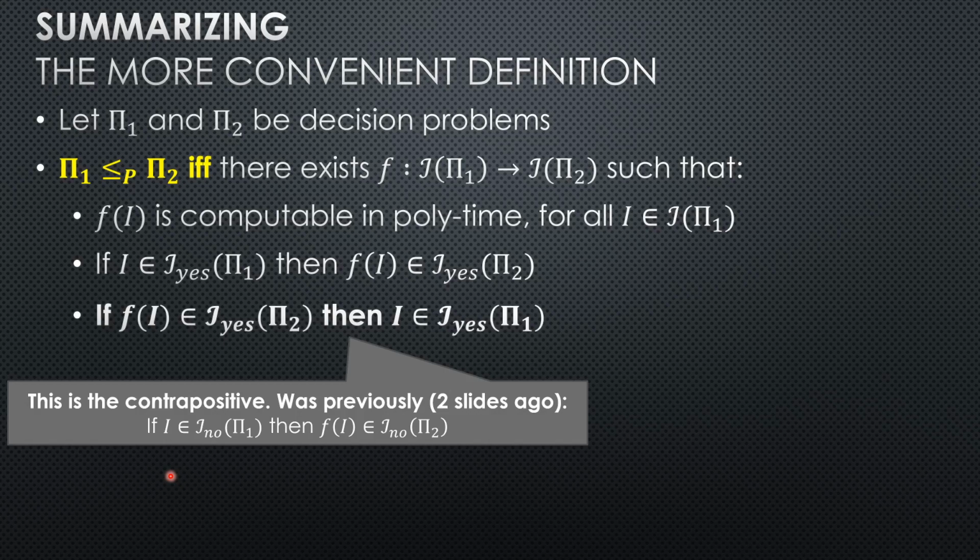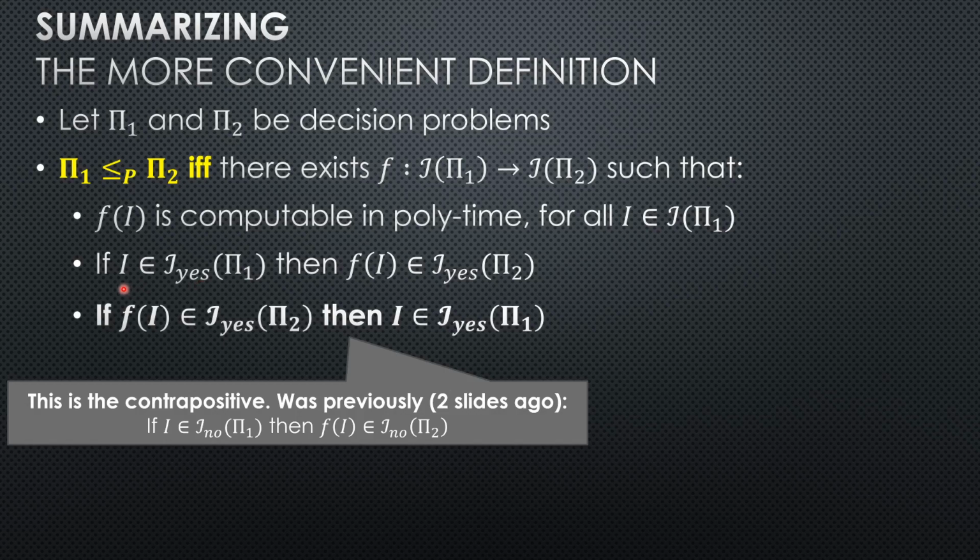So let me try to summarize that more convenient form of this definition that includes the contrapositive. Let pi 1 and pi 2 be decision problems. There is a polynomial transformation from pi 1 to pi 2 if and only if there exists a transformation function f that takes inputs from problem 1 and turns them into inputs to problem 2, such that f of I is computable in polynomial time on all inputs to the original problem pi 1, and that should be polynomial in the input size of I, an input to problem 1.